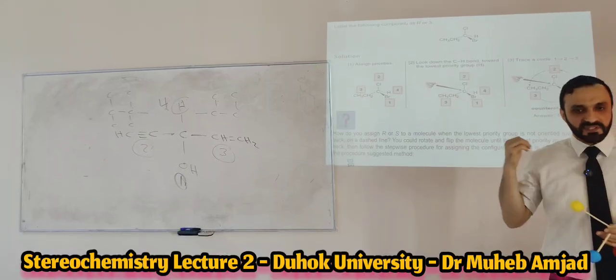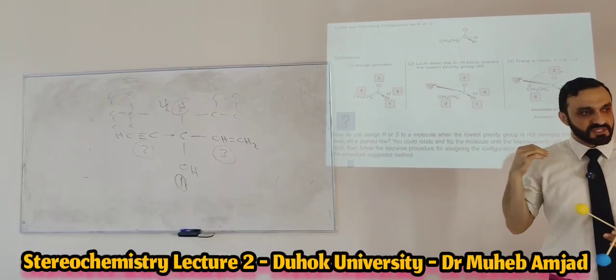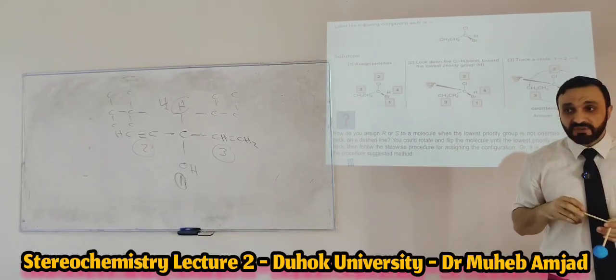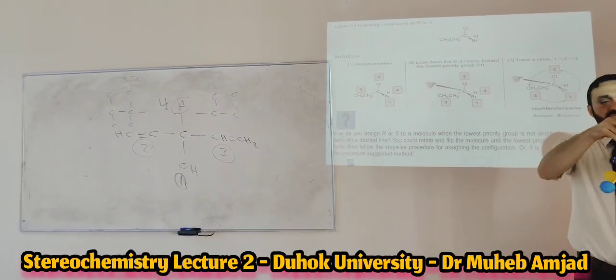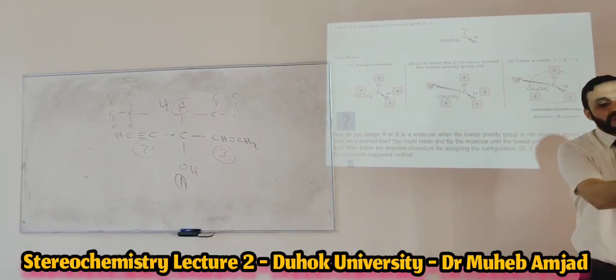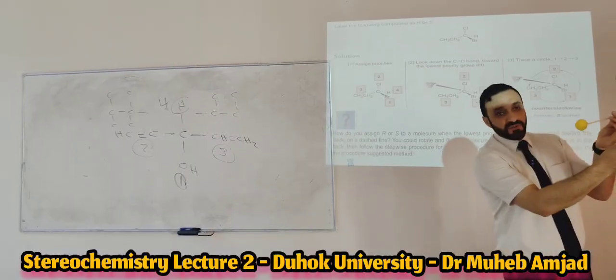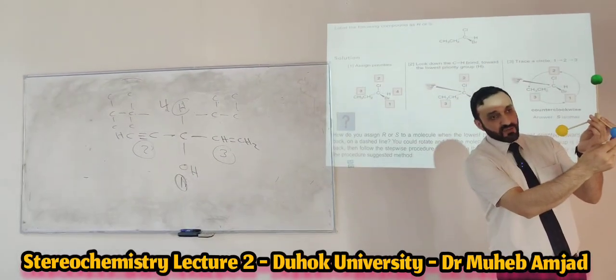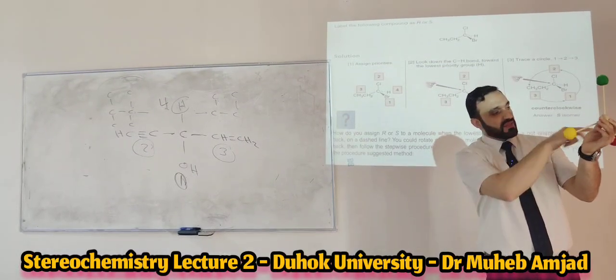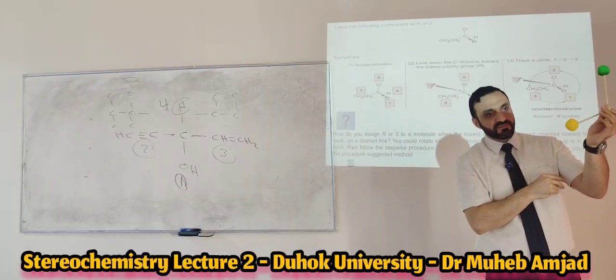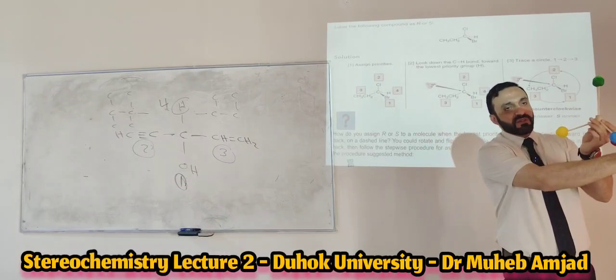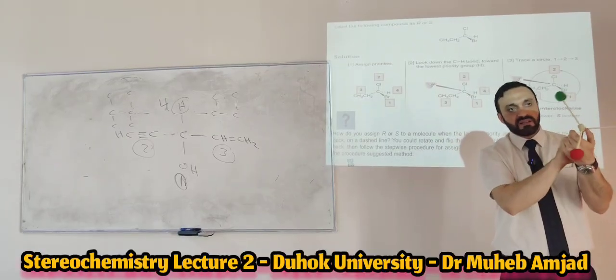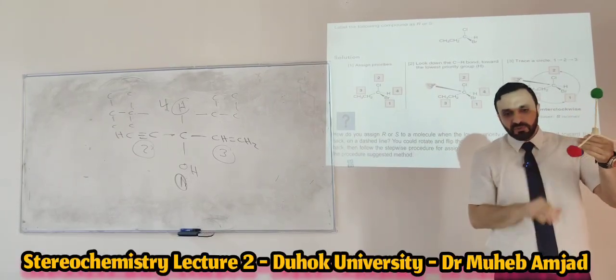So we have a system that some students can use if they find it difficult to imagine how the molecule rotates. For example, if I want this blue color to be in the back side, where will the red color be? Some students said it will be here. No, it will be here. It will be like that. This is the problem here.